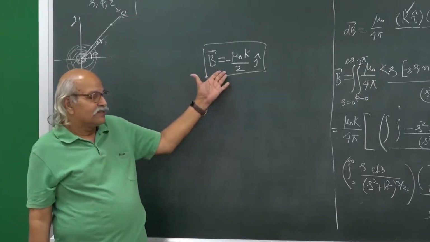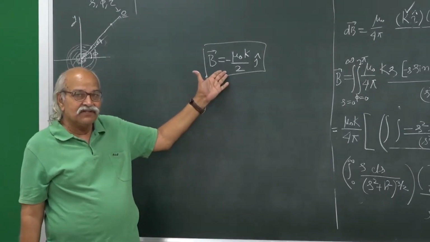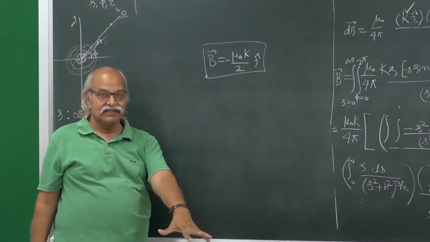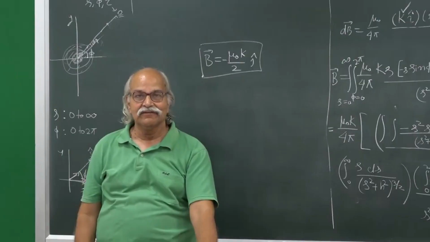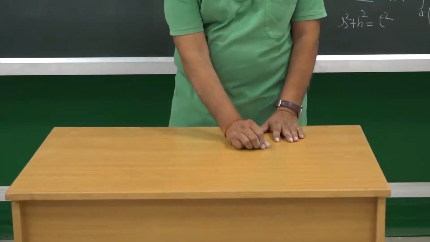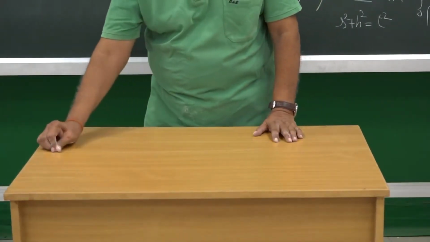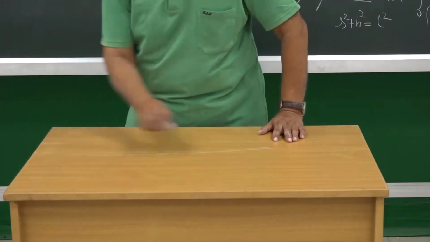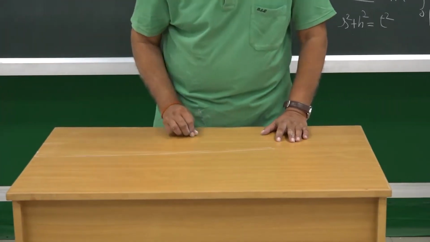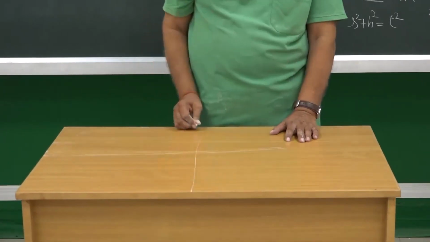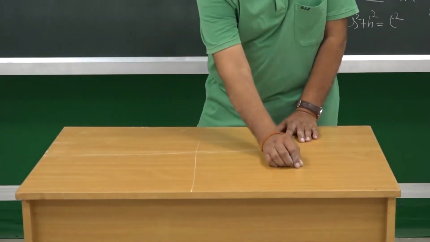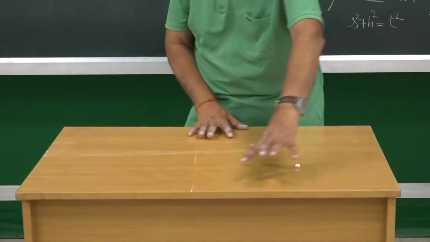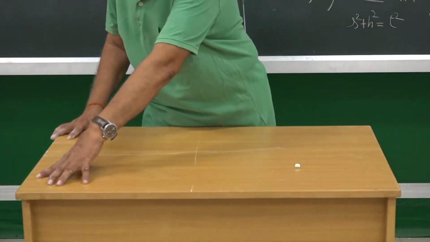Try to visualize this, and let me do it on the table. So, let us say you have the x axis, from my left to right, this direction is the x axis, and then this direction is the y axis, and the entire current is going in the x direction. This current is going in this way.